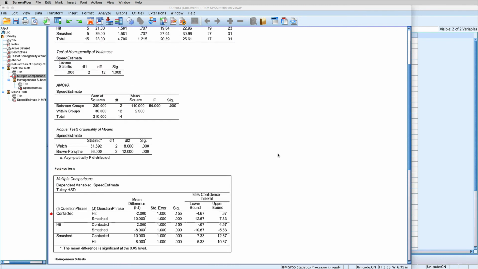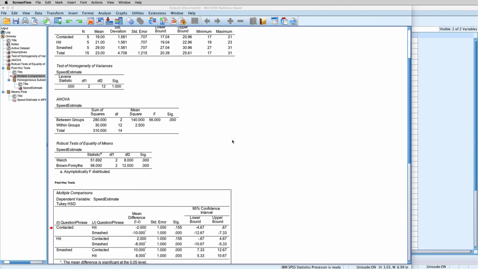So first off, for reporting the F statistic, in standard statistical notation, we would report capital F italicized. In parentheses, we would actually put 2 different degrees of freedom. So we'd put the degrees of freedom between first, so 2, comma, then the degrees of freedom within, 12, parentheses, equals, then we actually put the F ratio that we obtained of 56.